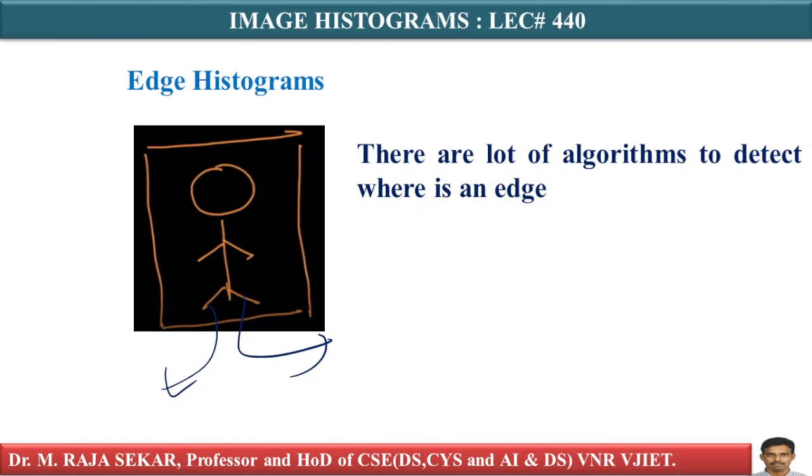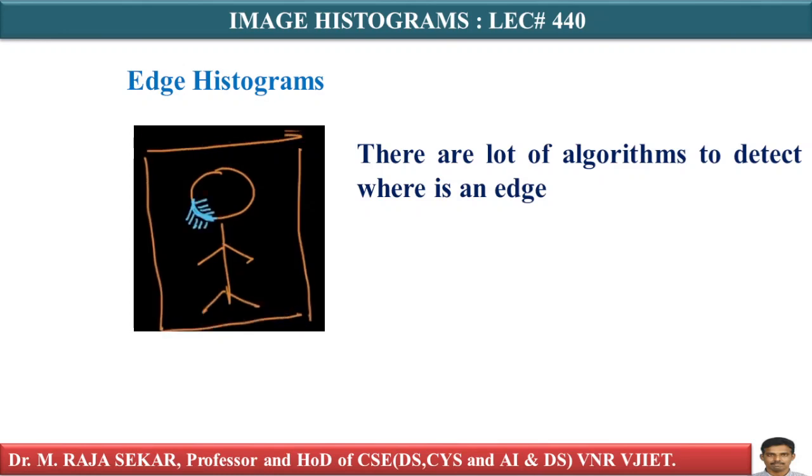Once you detect an edge, let me show it like this. What is an edge? Basically, there is a different color. Just see, here there is a different color. Here, if you observe, you have a different color.